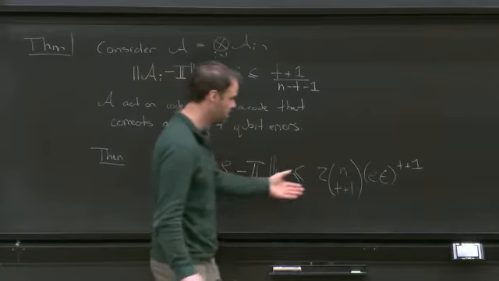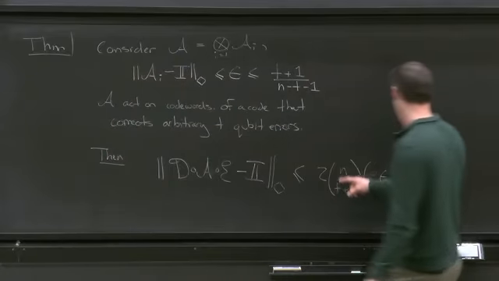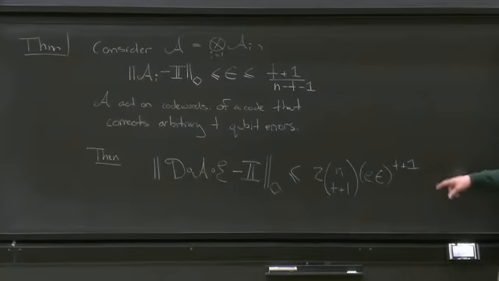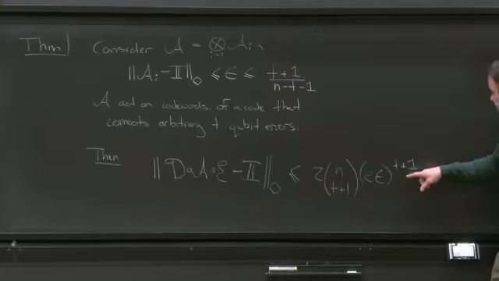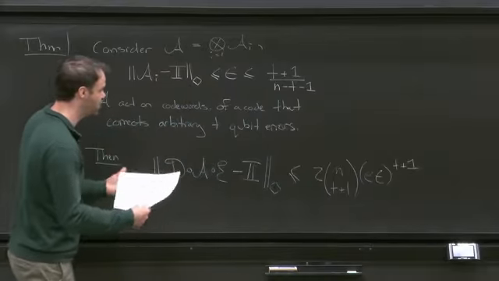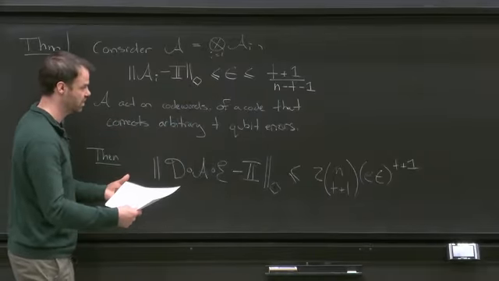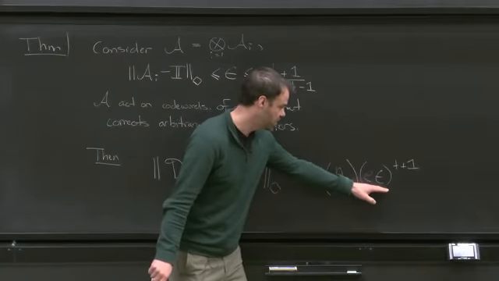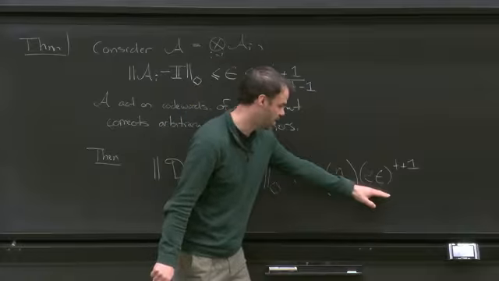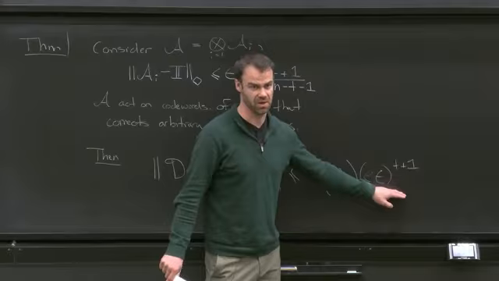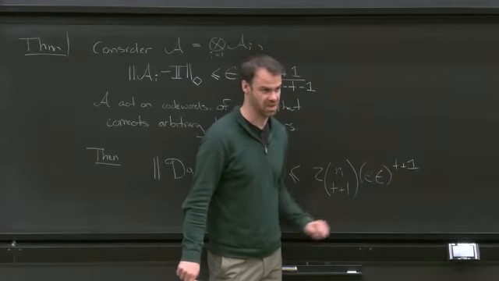And this is claiming that somehow it's small in a certain sense, okay? And in particular, if my code corrects arbitrary errors on t qubits, and t is sort of big, it's pushing this leftover noise after I've tried to correct it down to 0 as t gets big.